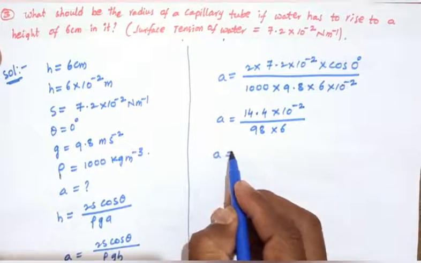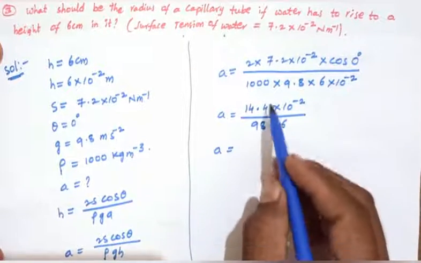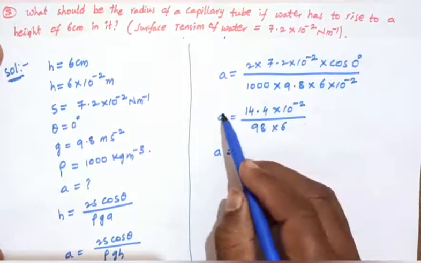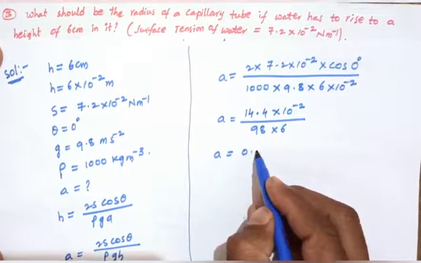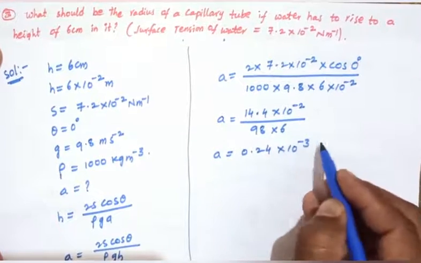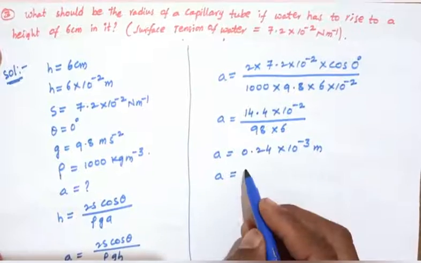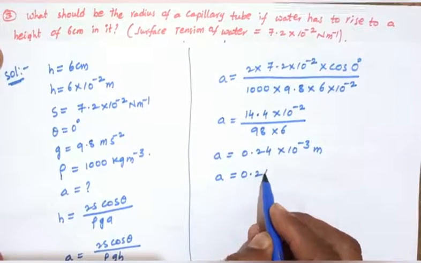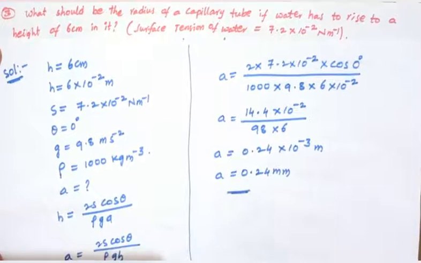When we calculate with a calculator, a equals 0.24 into 10 power minus 3 meters. So the radius of the tube a equals 0.24 millimeter. This is the answer.